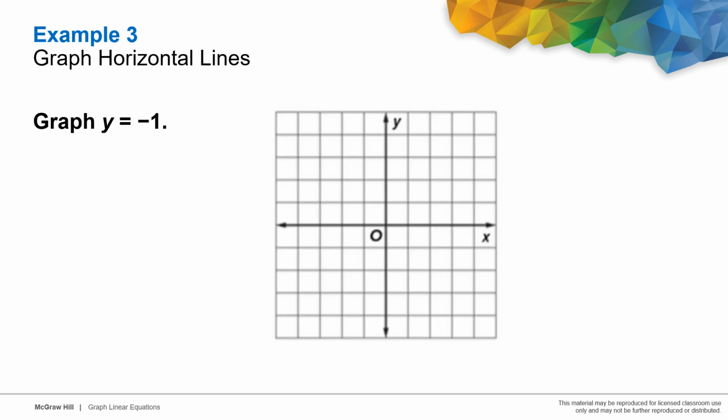So, graph y equals -1. This is super easy. You just go to your y-axis, find -1, which is right here, and that's your line. You just put a line through it, and you're done. And that's because they're saying this line has a y value of -1 infinitely, forever, right?